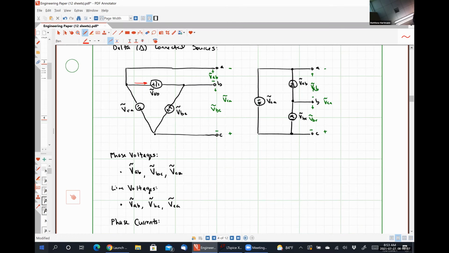So that would be this current, IAB, this current, IBC, and this current, ICA, like so.